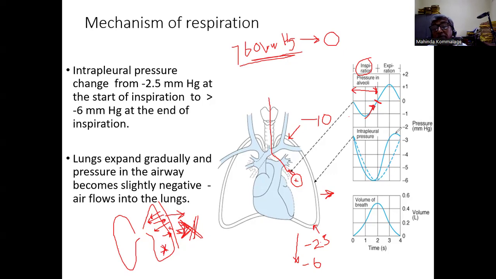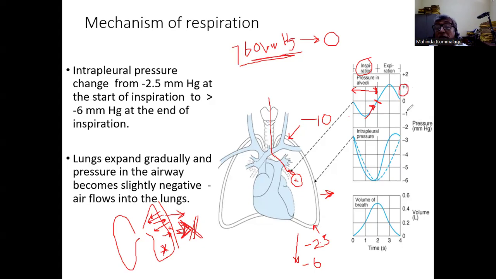Interpleural pressure becomes less negative, from -6 to -3, the original level, and in the same way intra-alveolar pressure will increase over the atmospheric pressure, to +1.